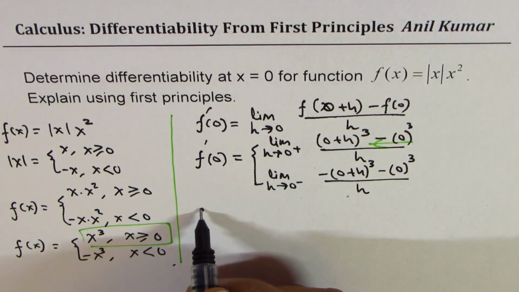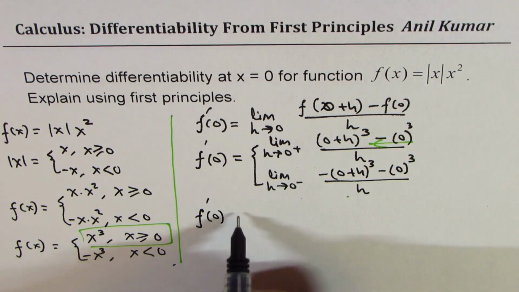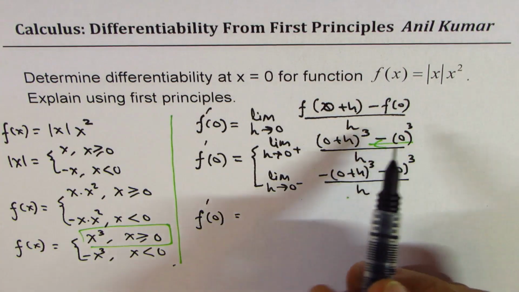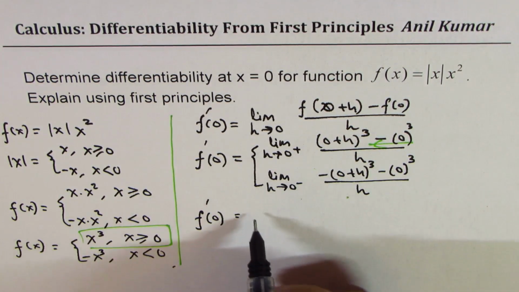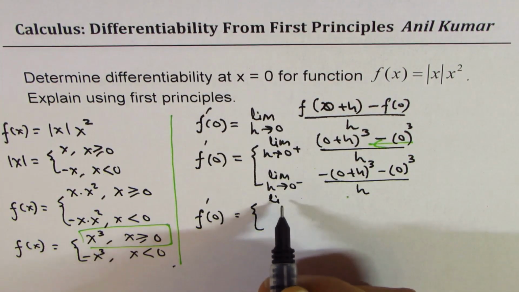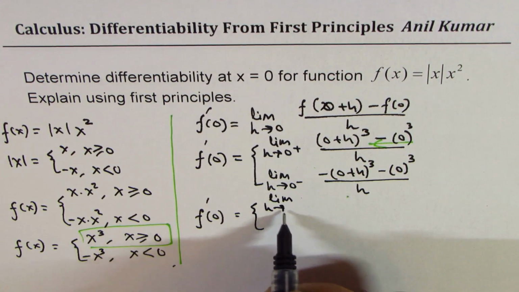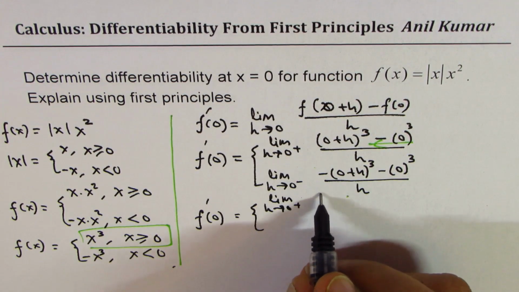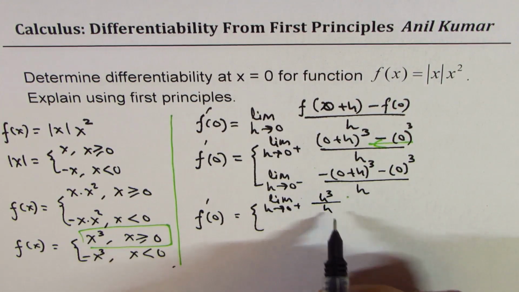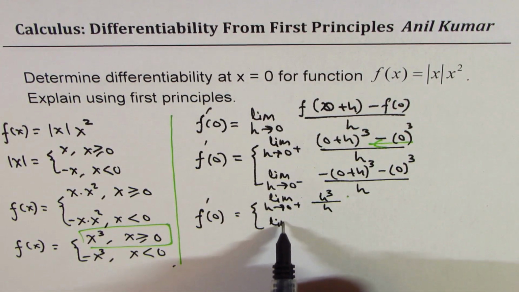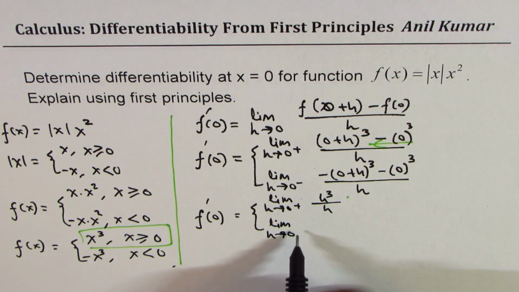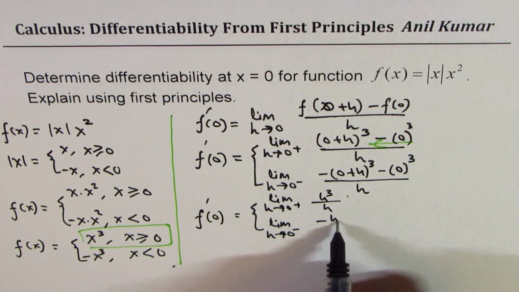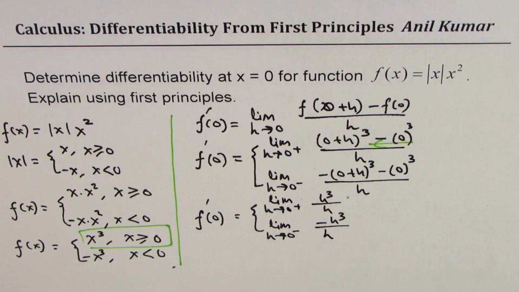So we see that both these limits are what? So what we get here is the limit when h approaches 0 from the right side is h cube over h, and from the left side it is the limit h approaches 0 of minus h cube over h.